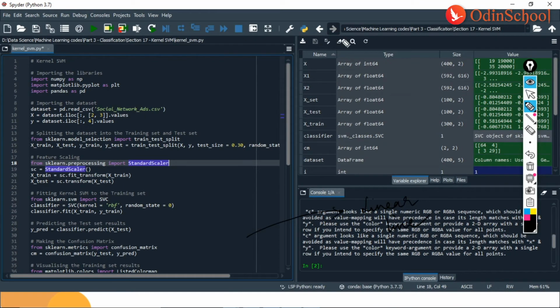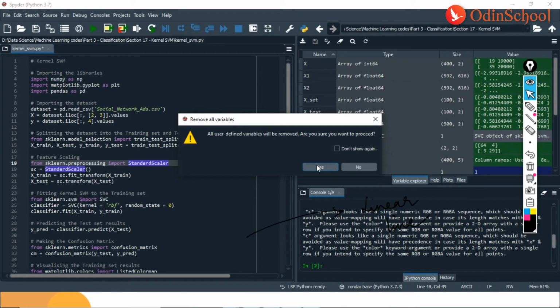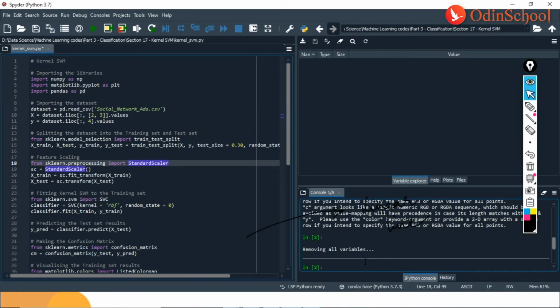Right, so here I have another code. I was just testing this. Let me just remove all this. Alright, so as you're able to see guys, the same set of three libraries once again, which is NumPy, Matplotlib and Pandas. In the second step, we are reading the social networking ads CSV, and after that, I am using my X and Y, which would define my independent and dependent variables.